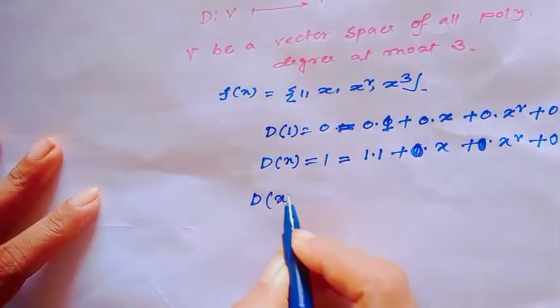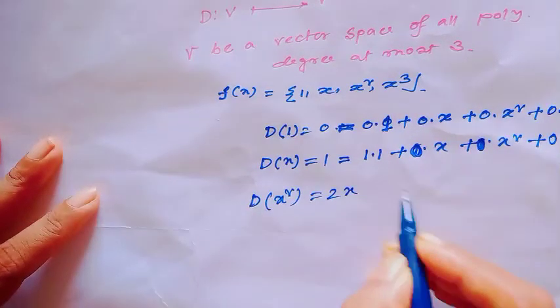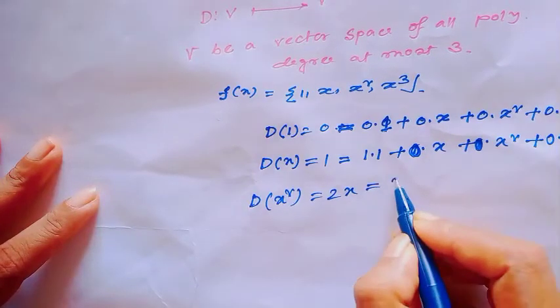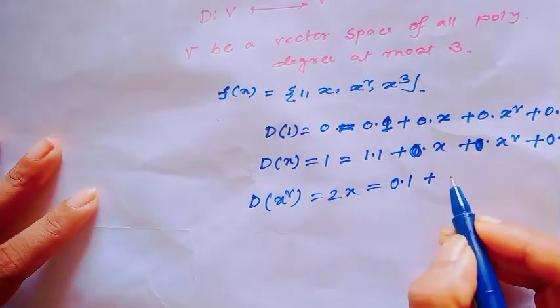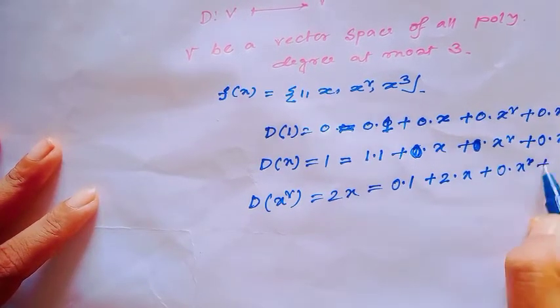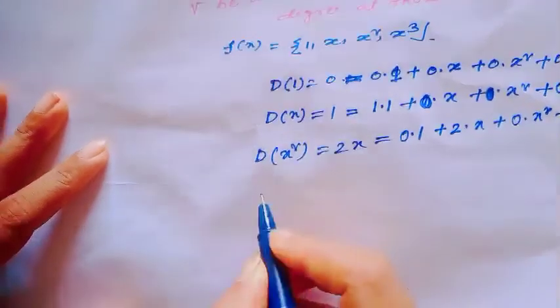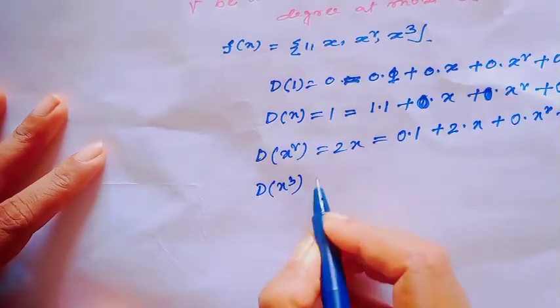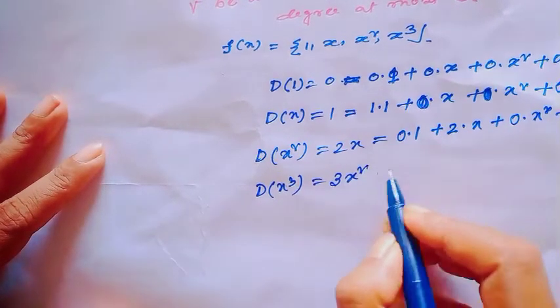And D of x square would be 2x, which is equal to 0·1 plus 2·x plus 0·x square plus 0·x cube.